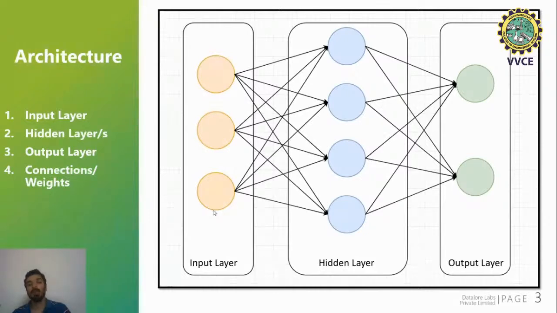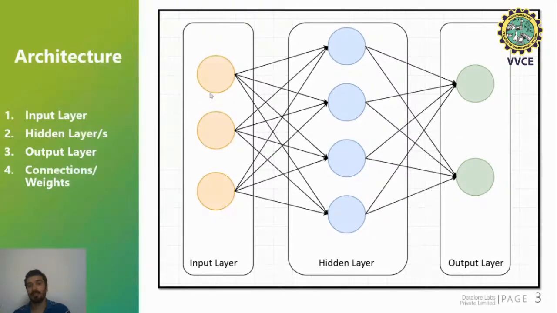So how does it work? You have your data set with your inputs and outputs. Those inputs are fed through these neurons. There are connections from each of the neurons in the input layer to the hidden layer, and from the hidden layer to the output layer.